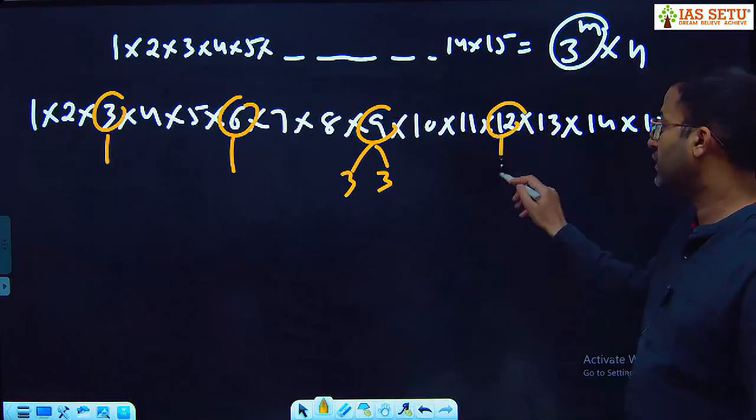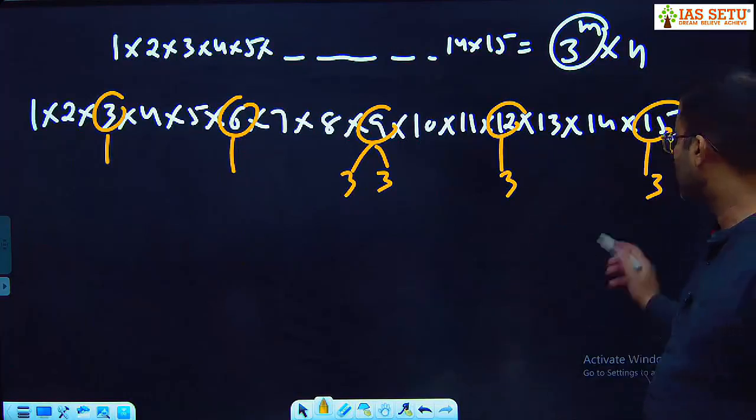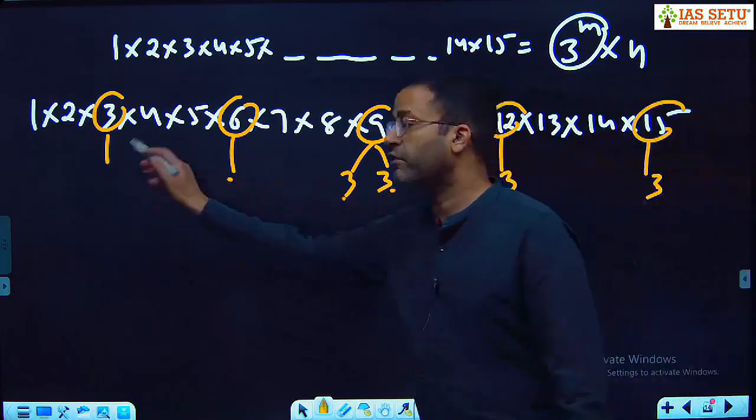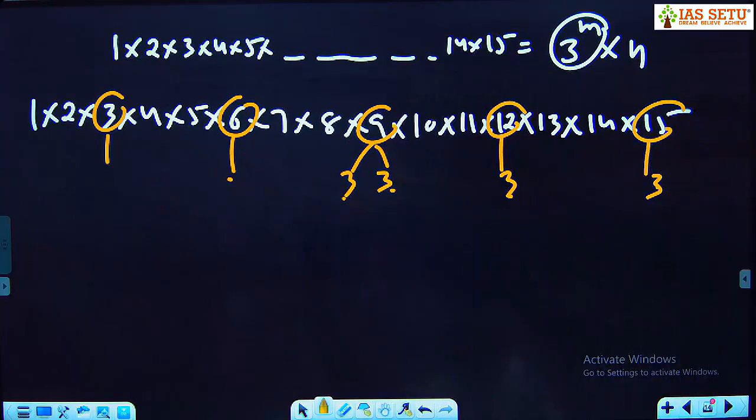In 12 there is one 3, in 15 there is one 3. So how many 3s are there? 1 2 3 4 5 6. So your answer is 6. What is the maximum value of m? 6. So what can the maximum value of m be? 6.